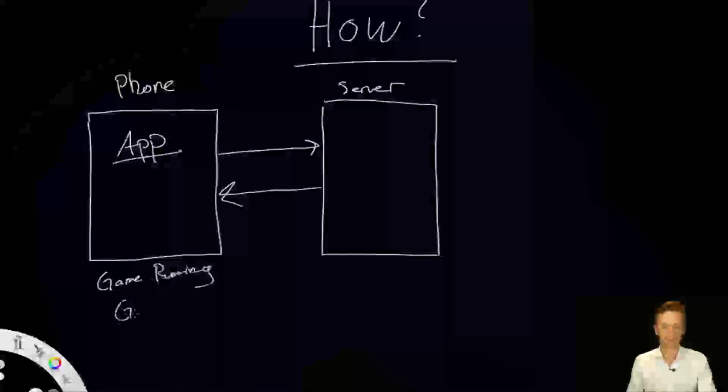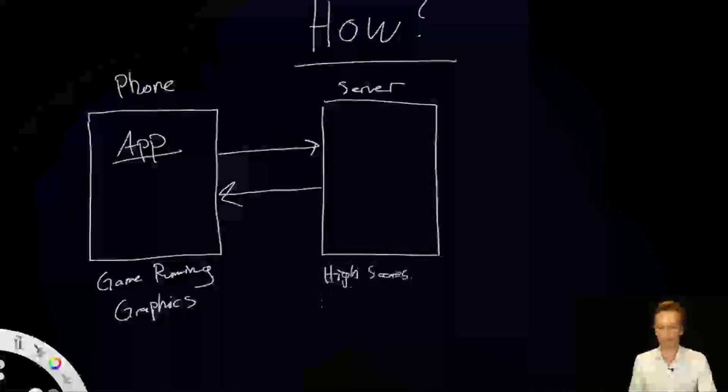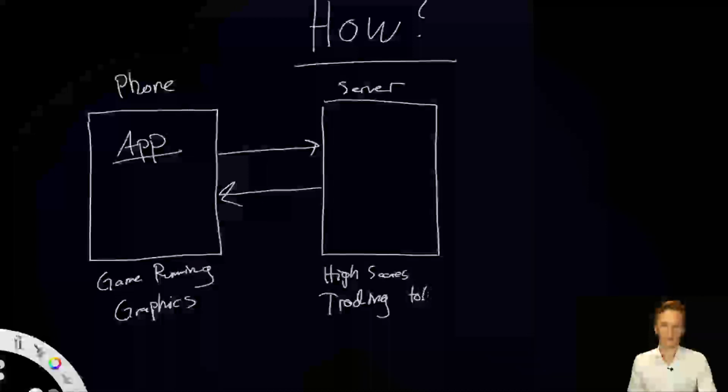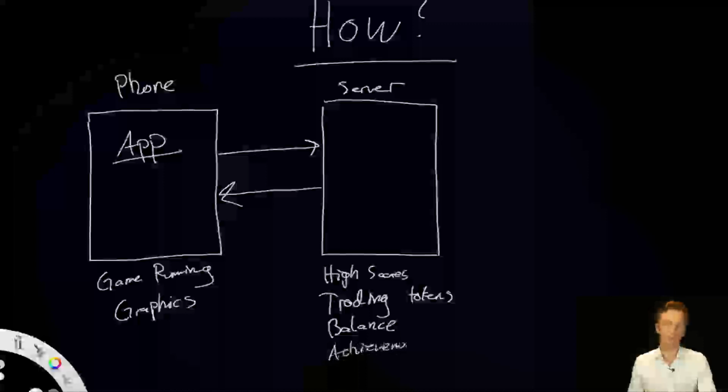but then the server is also used for maybe high scores. Maybe it's used for trading items, and it's used for a balance sheet of achievements, a balance sheet for maybe the in-game currency, and for keeping track of achievements. Everything that the user shouldn't be able to manipulate will be on the server, because the user can more easily manipulate things that just run locally on their phone.